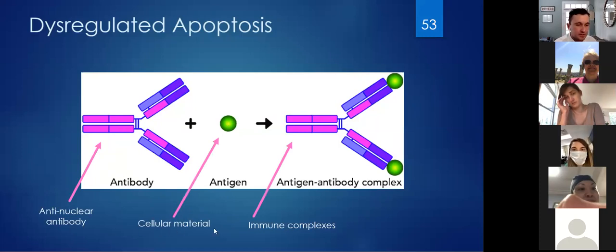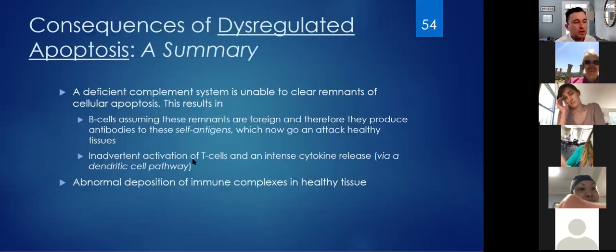The antigen is usually the cellular or nuclear material. And then you have these immune complexes that are forming, but they can't be flushed out, okay? And so these complexes are large masses of protein that then go and set up in healthy tissue, usually the kidneys, and can cause a lot of damage that way, okay?